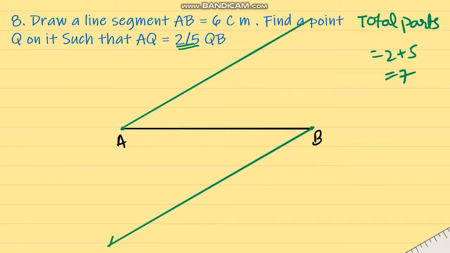Now see, this is BY and this is AX. Now children, how many parts we have to make? We have to make 7 parts. So let us start making.